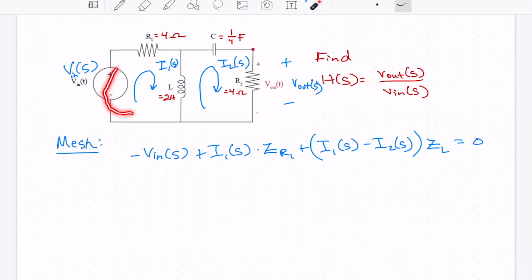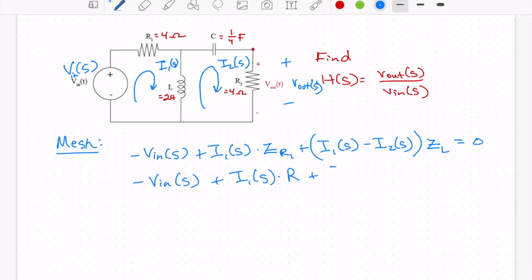Minus V1 of S plus I1 times R1 plus I1 minus I2 times the impedance of that inductor. We can write this using the Laplace versions of the impedance. We just have minus Vin of S plus I1 of S times R plus I1 of S minus I2 of S times S times L equals 0.